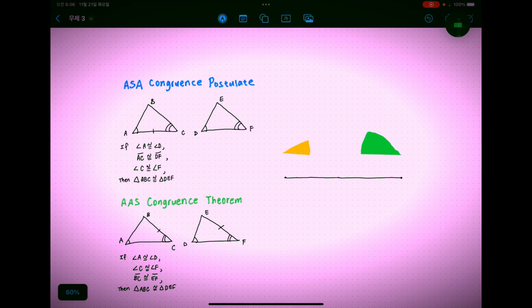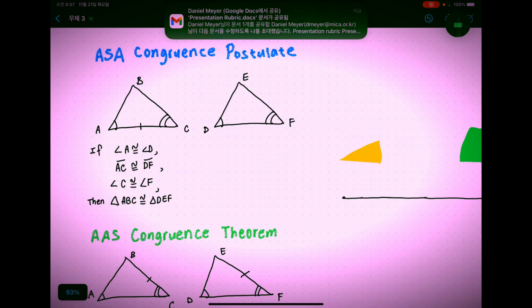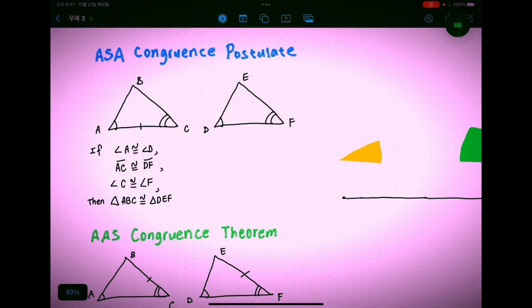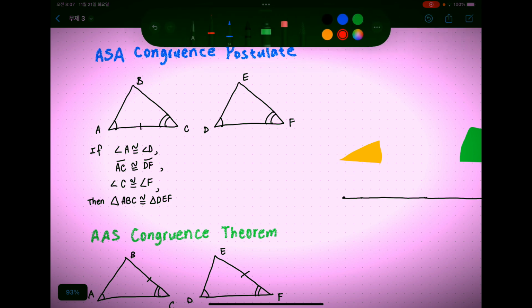Hello! Today is sports day, but that doesn't mean we can't continue to learn about the ASA congruence postulate and the AAS congruence theorem. The ASA congruence postulate basically states that if we have one pair of congruent angles and another pair of congruent angles, the key term we have to focus on is that this side has to be sandwiched in between the two angles, just like when we're looking at SAS.